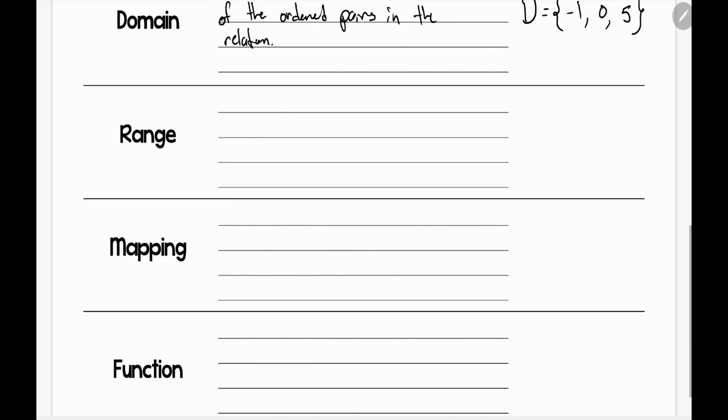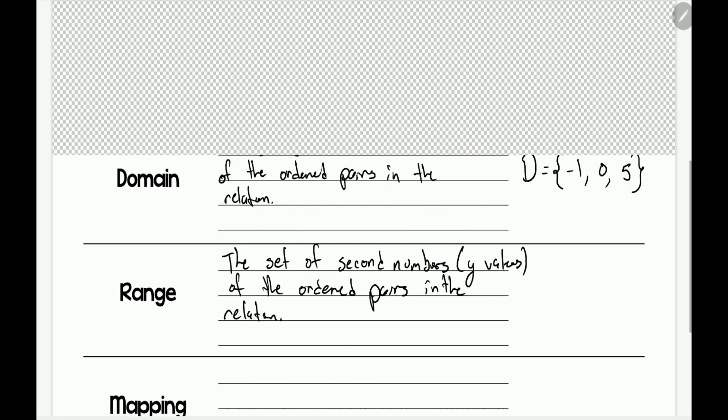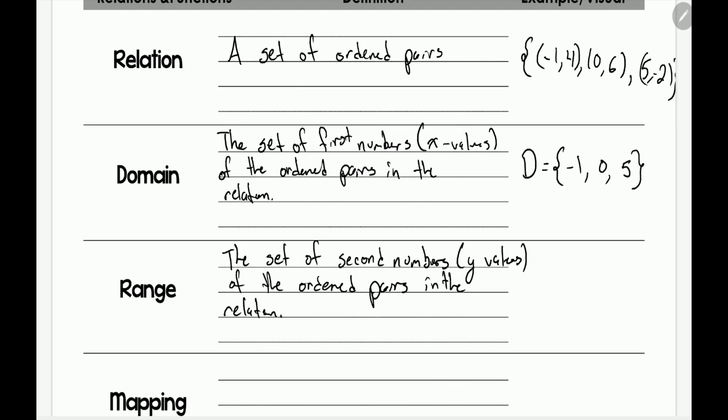Okay. The range is the set of second numbers, or in other words, the y values of the ordered pairs in the relation. So, if I use the same set as I did in the relation, our range would be 4, comma 6, comma negative 2.